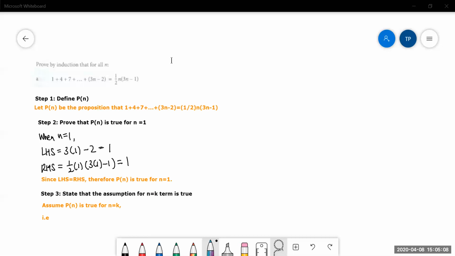So i.e., you have to write 1 plus 4 plus 7 plus dot dot dot plus 3k minus 2 is equals to 1 over 2k(3k minus 1). You must put the i.e. I straight away wrote the RHS.